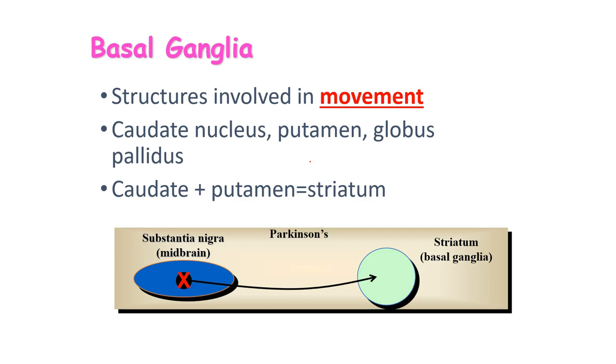What's unfortunate is that in Parkinson's disease, the substantia nigra ends up dying slowly, and one of the things that the substantia nigra is doing is activating the striatum for motor function. But when the substantia nigra dies in Parkinson's disease, you end up with a situation where it's very, very difficult to perform motor functions.